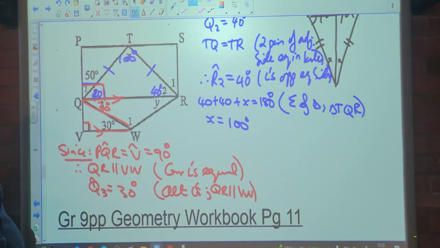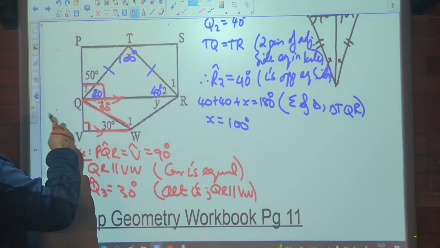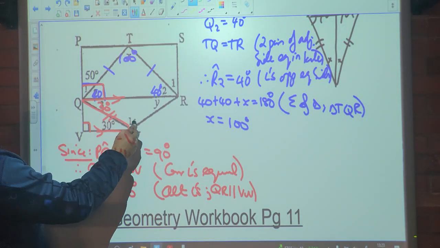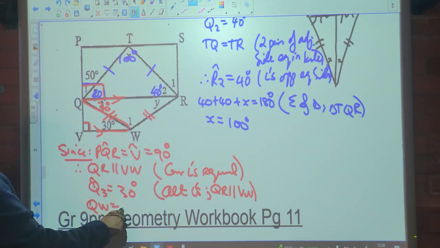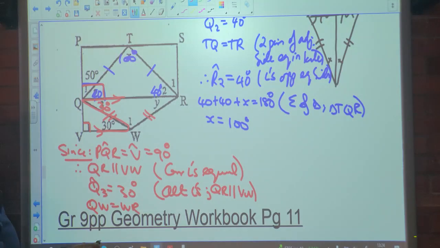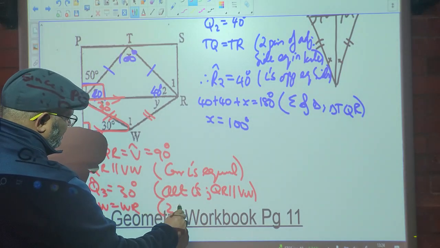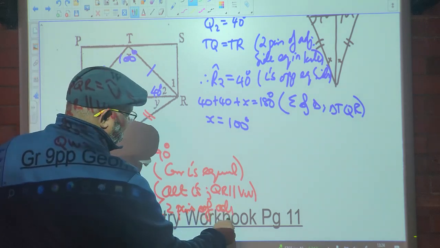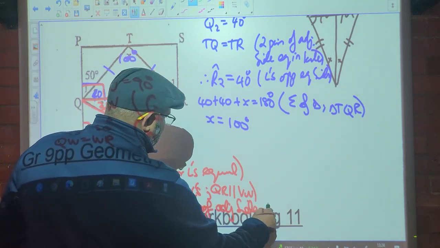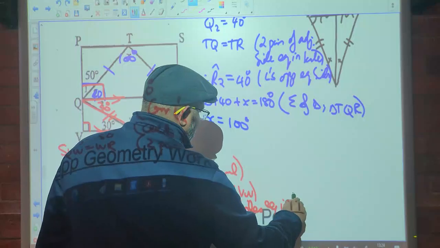Okay. Now we know that QW is equal to WR. Why? Because two pairs of adjacent sides are equal in a kite.